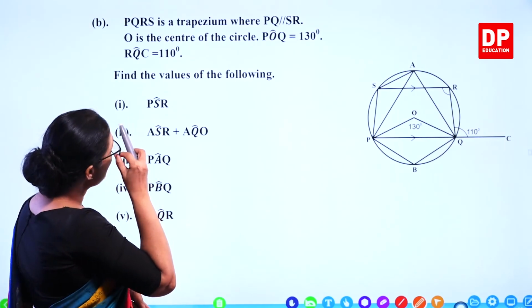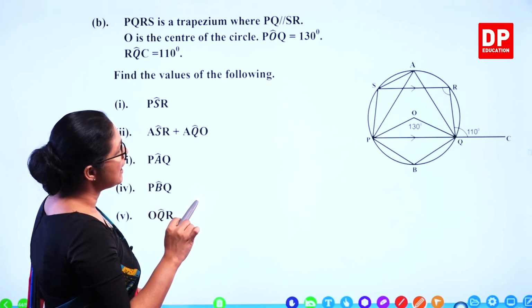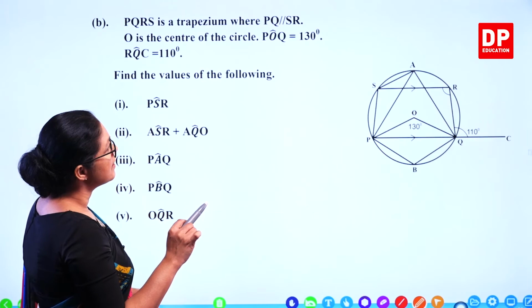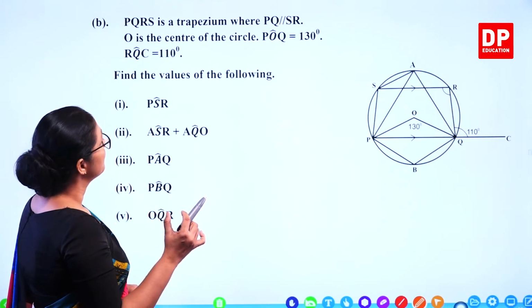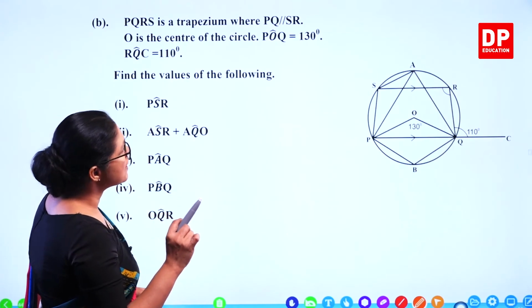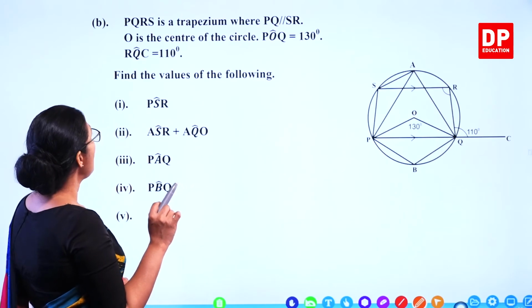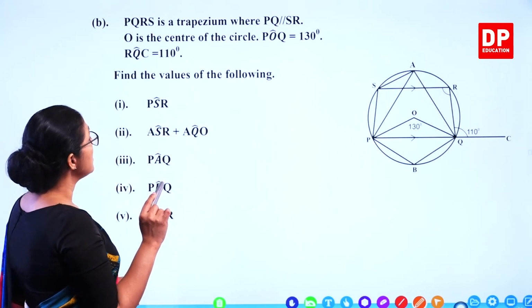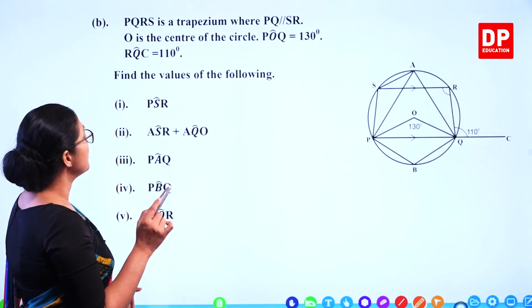Then part B, PQRS is a trapezium, PQ and RS sides are parallel. O is the center of the circle. POQ is 130. RQC that's 110. Find the values of the following.